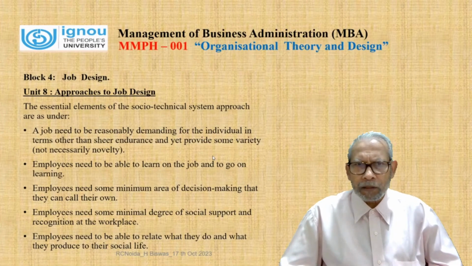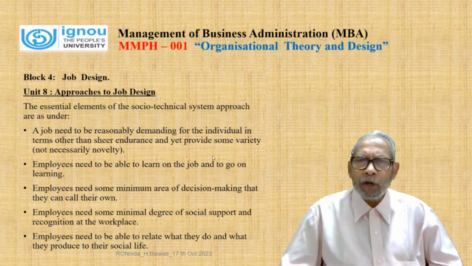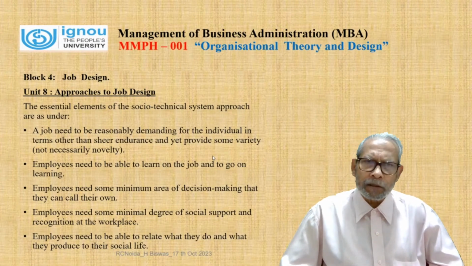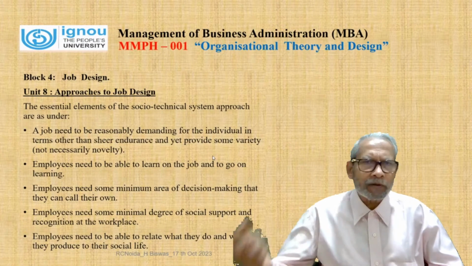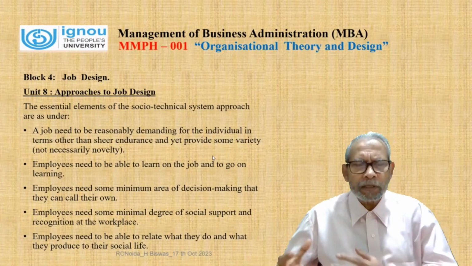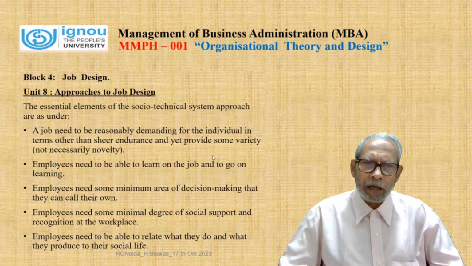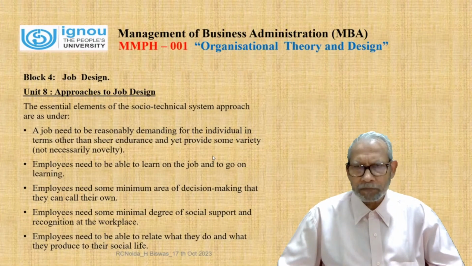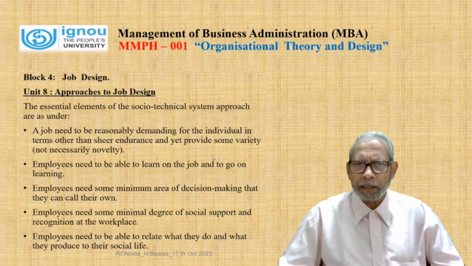That is very important. And at the same time, what you are producing, what you are manufacturing, how much will it affect the social systems, how much impact it has on social life. That is the approach that should be there. That's why it is a combination of social and technical systems.